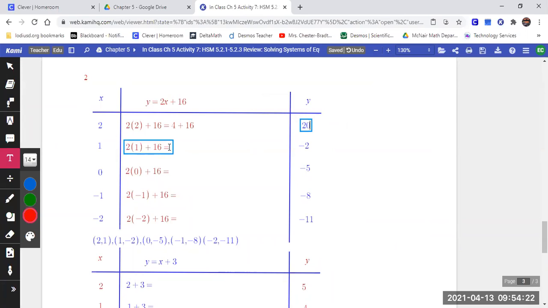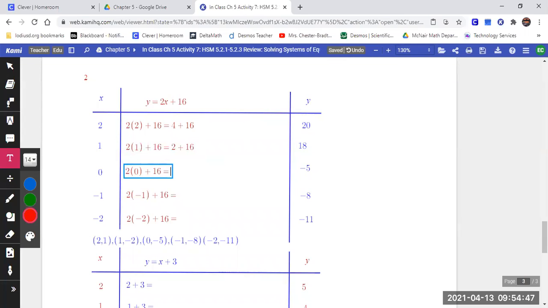Okay, so what's my next one going to say? Two times 1. 2 plus 16. Thank you. So the final answer is going to say 18. Someone other than Brian take over.